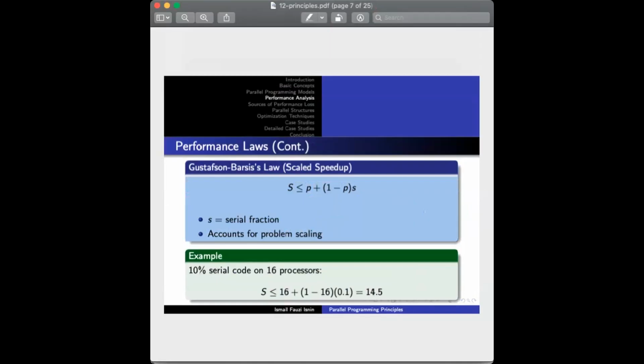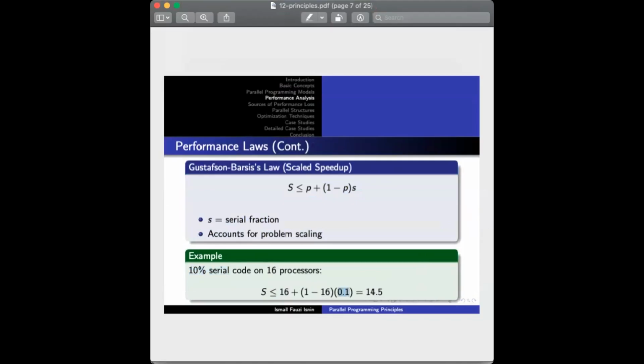Let's look at an example. Imagine we have an application with a 10% serial fraction, meaning S is 0.1.